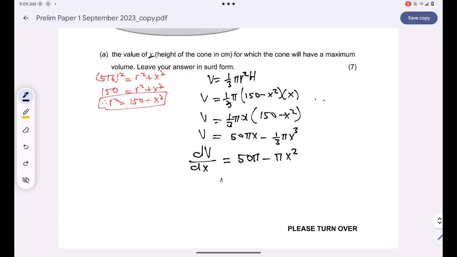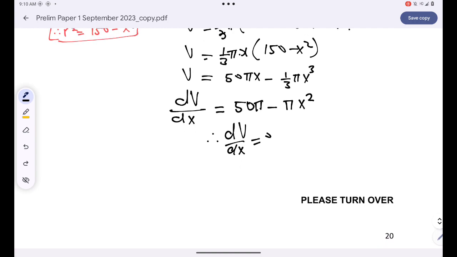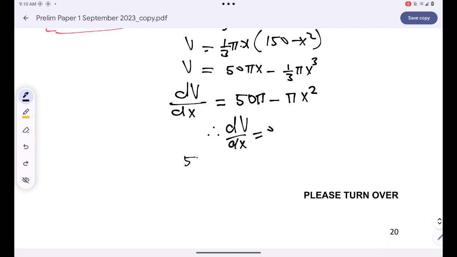Therefore, remember that my volume will be a maximum if and only if the derivative of my volume is equal to 0. Are we together? So I'll end up having 50 pi minus pi x squared is equal to 0, and then I'm supposed to solve for x.